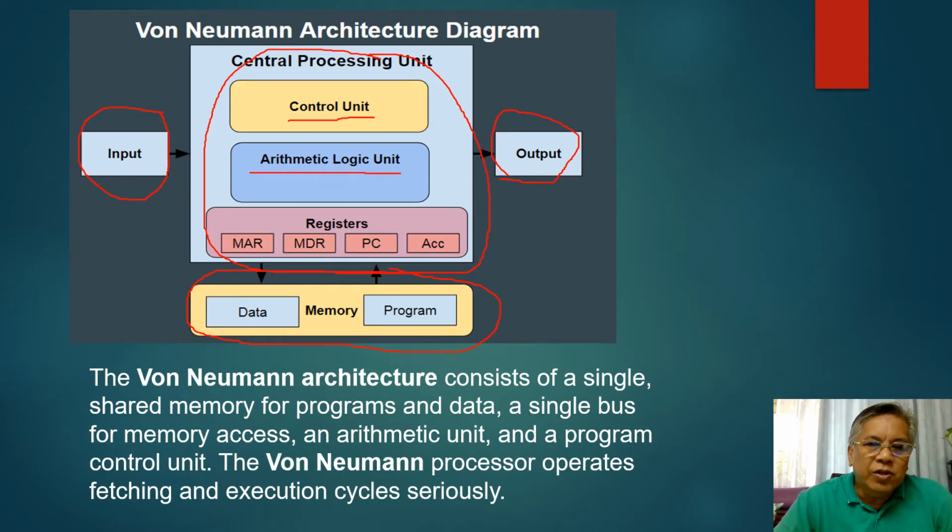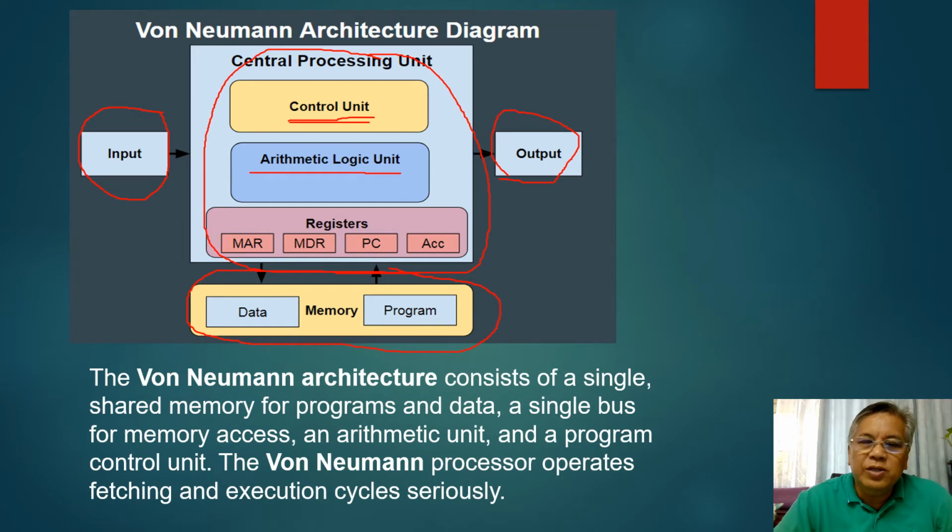So let's have a simple discussion on the different functions of the different parts of your von Neumann architecture. Of course, the input device here is used to input data using, for example, your keyboard, your mouse, etc. Then you have your central processing unit, which contains your control unit. Your control unit is the one that decodes and provides instructions to the different areas of your computer for the data to be transmitted.